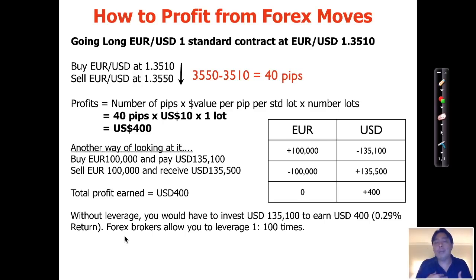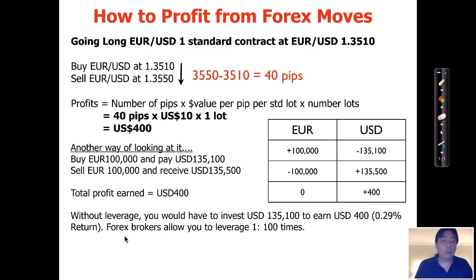So for us, we're going to be day traders. We're going to buy and sell on the same day. So to make it worth our while, to have a good return, we need to use leverage. In other words, we don't want to put down 100,000 euros in order to make a lousy $4. We want to put in a small deposit in order to buy the 100,000 euros so that the profit over our deposit is a good return.